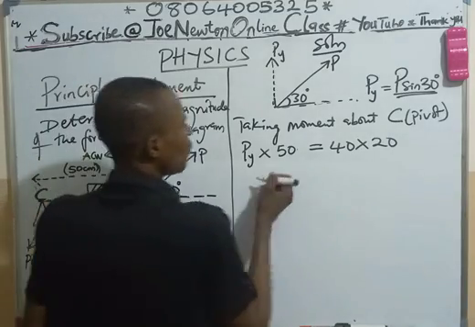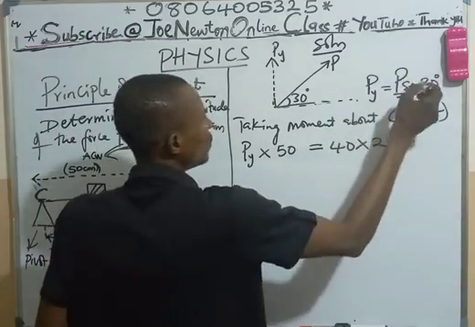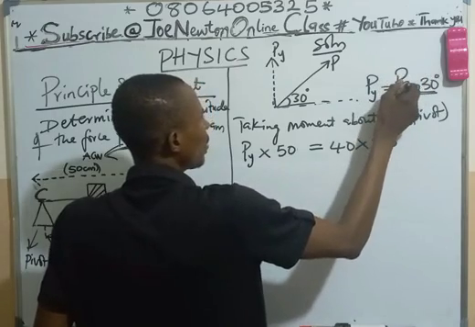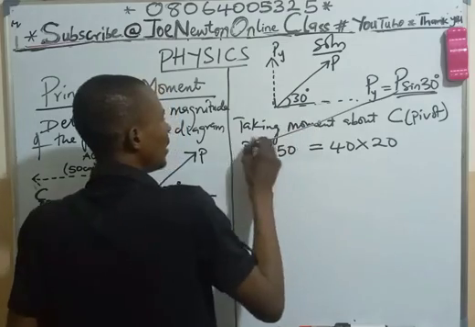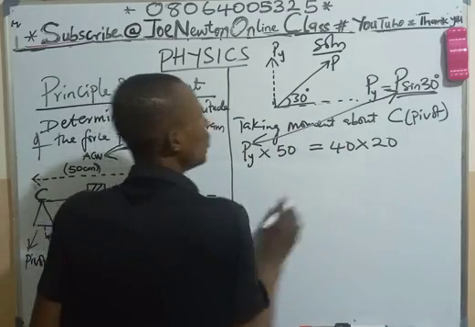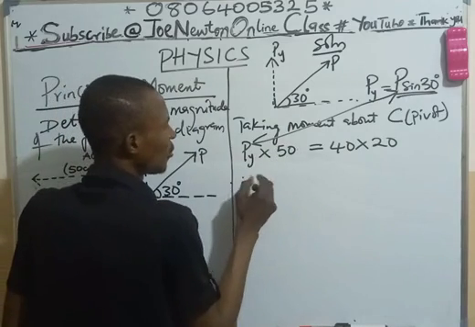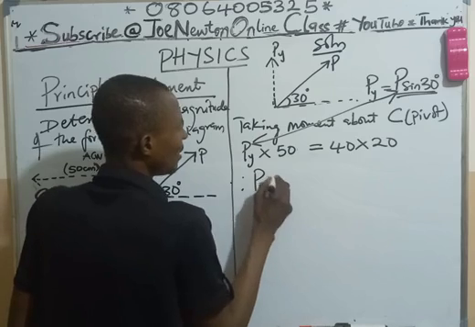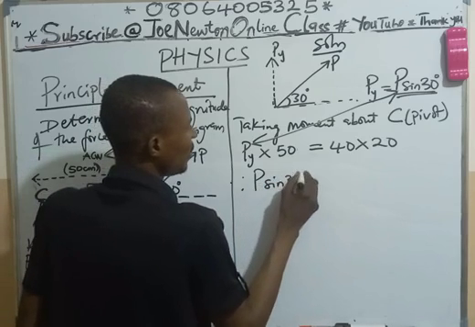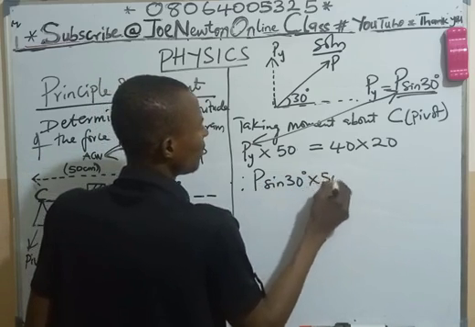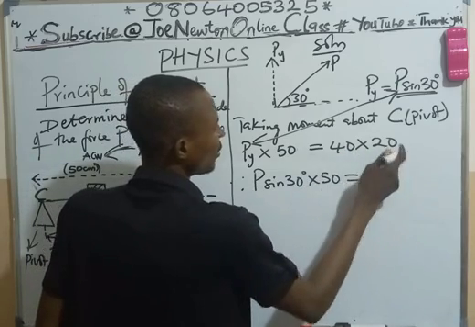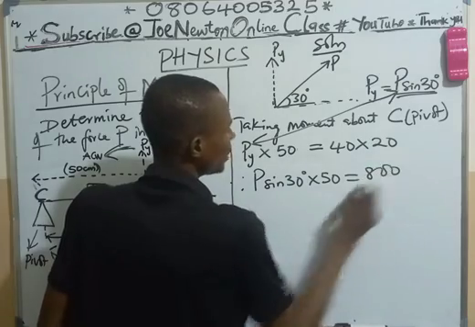Then now substitute this value. Recall that this is our Py. So when we substitute, it becomes P sine 30 degrees times 50 is equal to 40 times 20, which is 800.